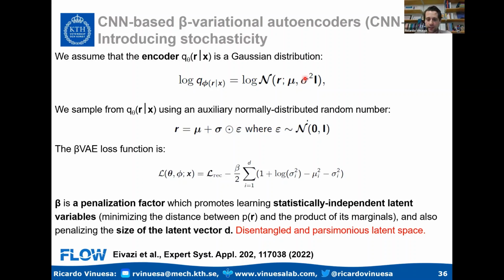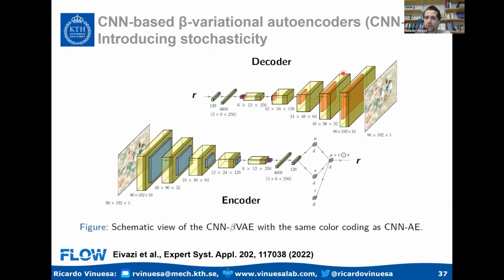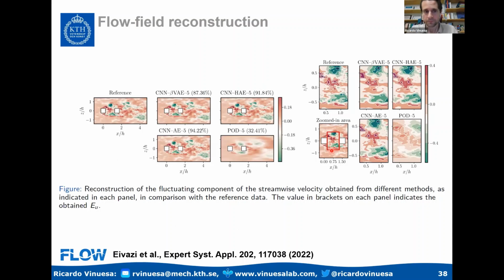Now, if I look at my setup, this is what the decoder would look like, taking me from the latent to the original space. This is what my encoder would look like, taking me from the original to the latent space. In the latent space, I have my mean, my standard deviation, and my noise that makes up basically my latent variable in this case. So this is what the flow looks like. These are basically the streamwise velocity fluctuations.